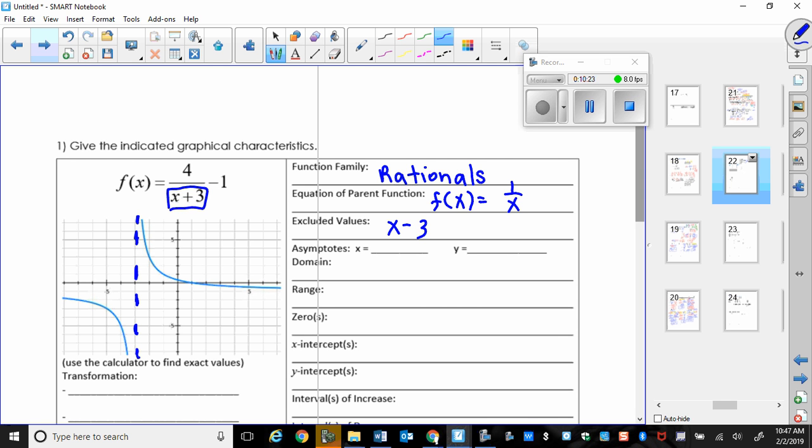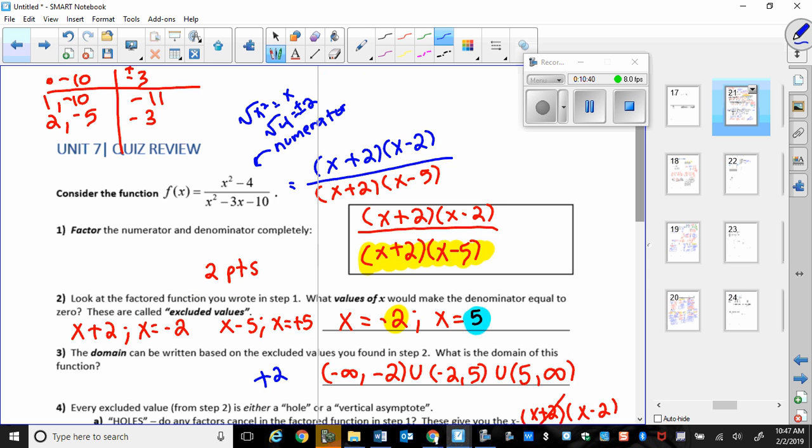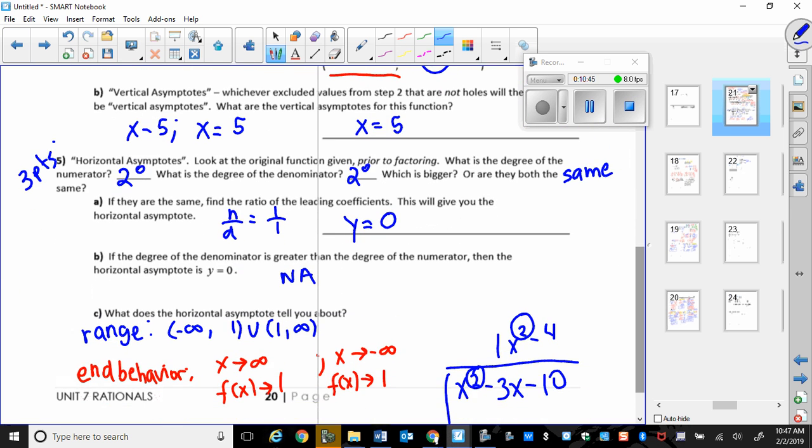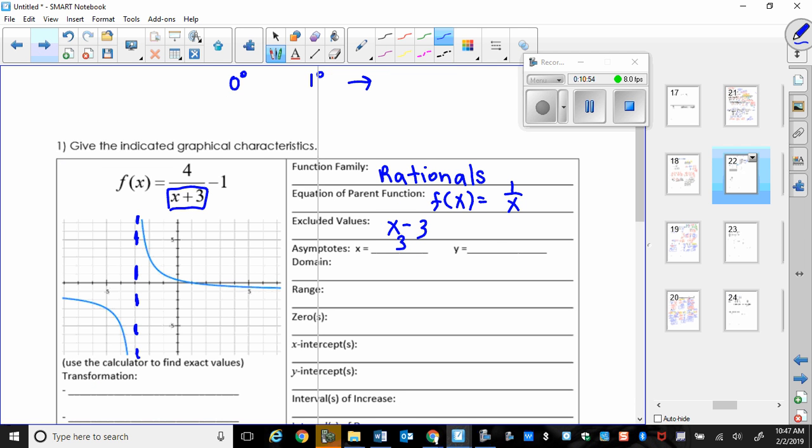Now, asymptotes, x equals positive 3. Now I look at the degree at the top. It's a 0 degree polynomial at the top, and it's 1 degree at the bottom. So automatically, if the degree is smaller at the top, then my asymptote is y equals 0. All right, so here it's y equals 0.